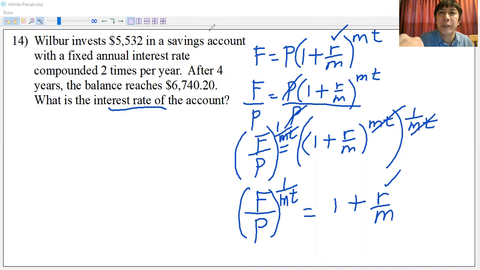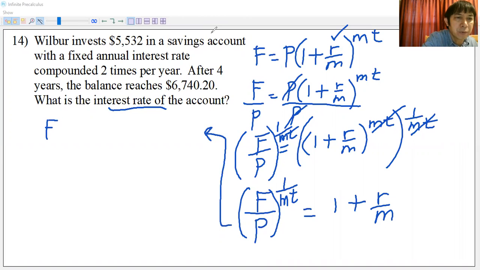All right, so let's continue. The next thing we do here is subtract the 1. Then the left side will become F over P raised to 1 over MT minus 1, and the right side is R over M. So I'm showing you the derivation.